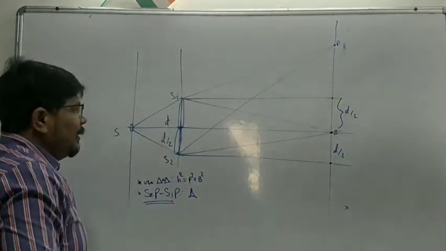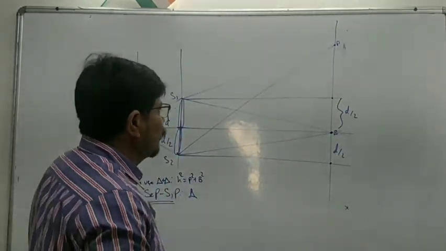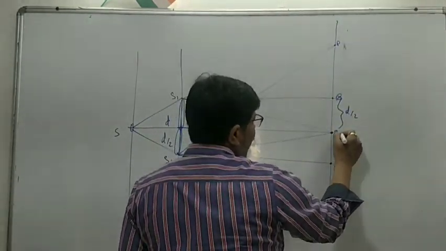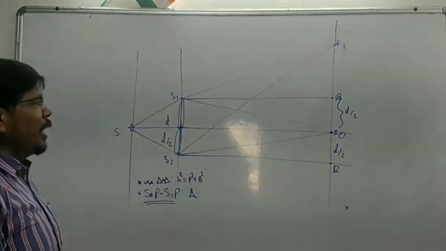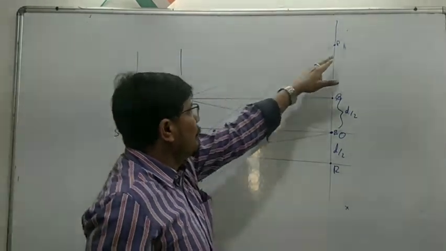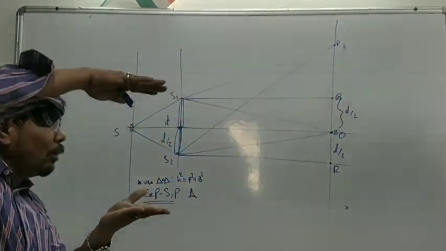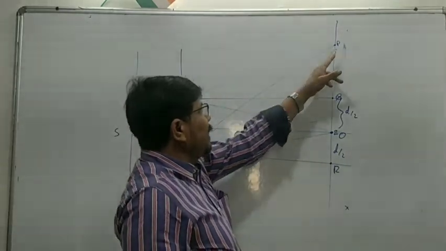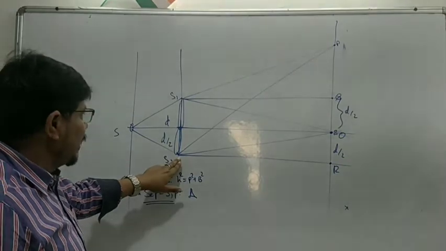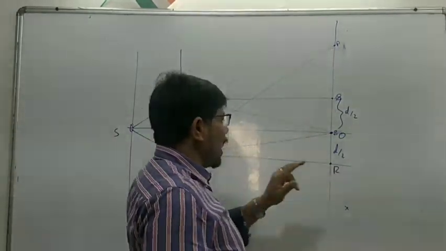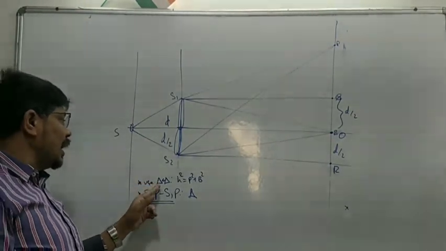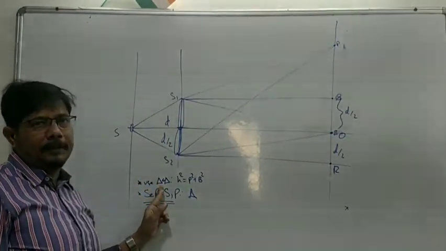Now, when we see the two triangles, we name the points P, Q, R, and this is the point O. If we consider the triangle S1PQ, we have a very small right angle triangle S1PQ. Another triangle you can see is S2PR.